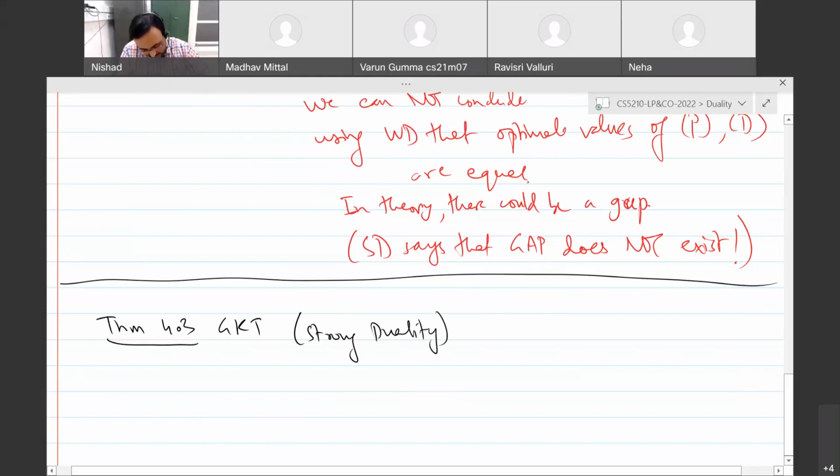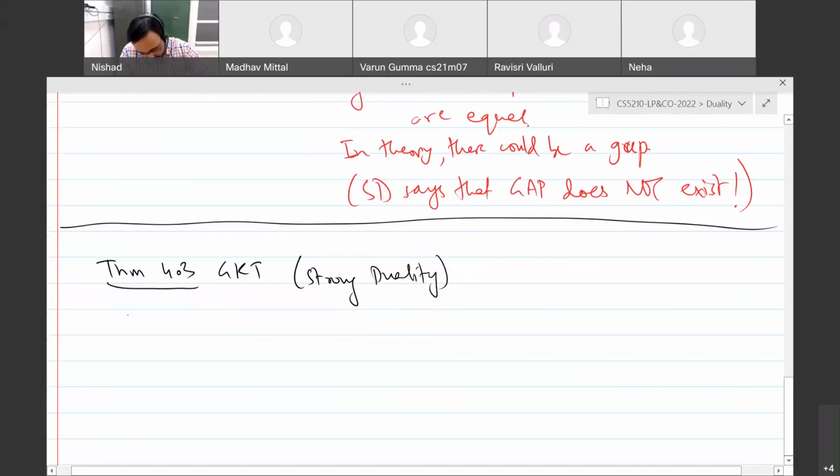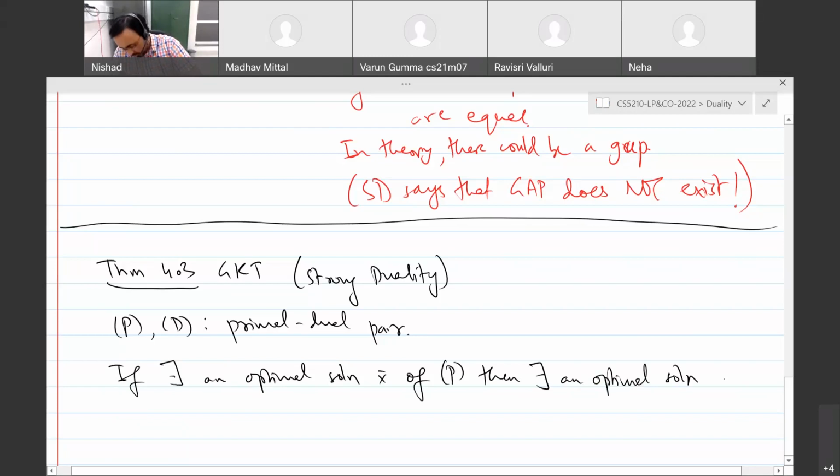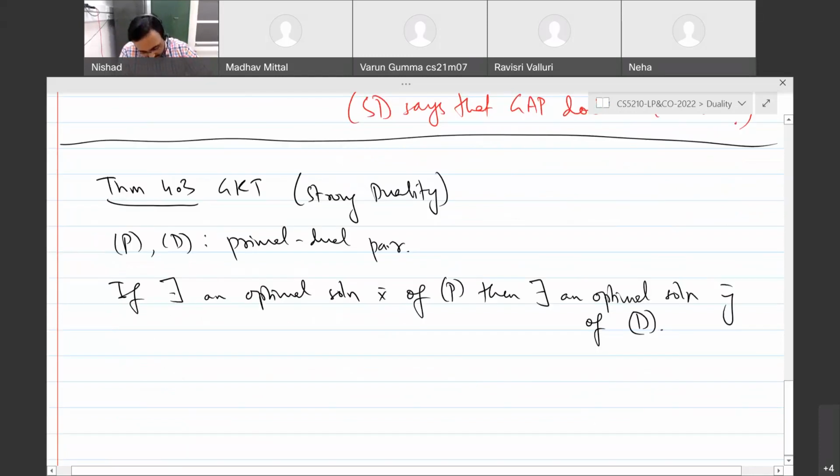So let's say P and D, as usual, is a primal dual pair. What strong duality says is that if there exists an optimal solution x bar for the primal, then there exists an optimal solution y bar of the dual, and furthermore the values will actually be equal.